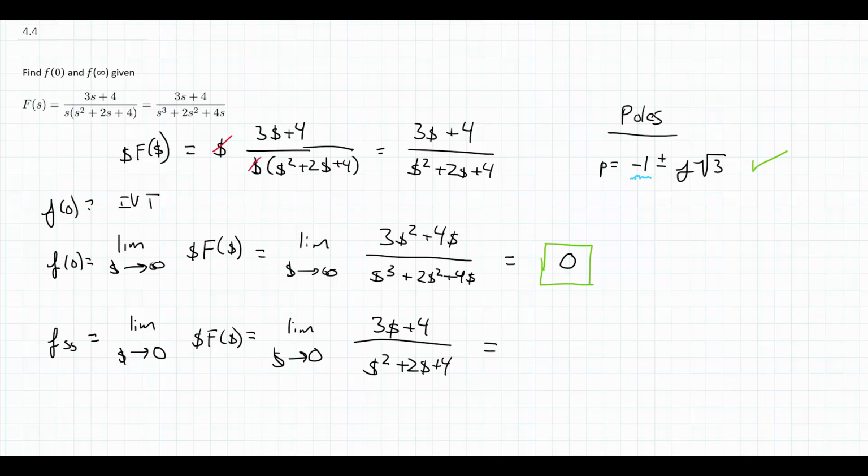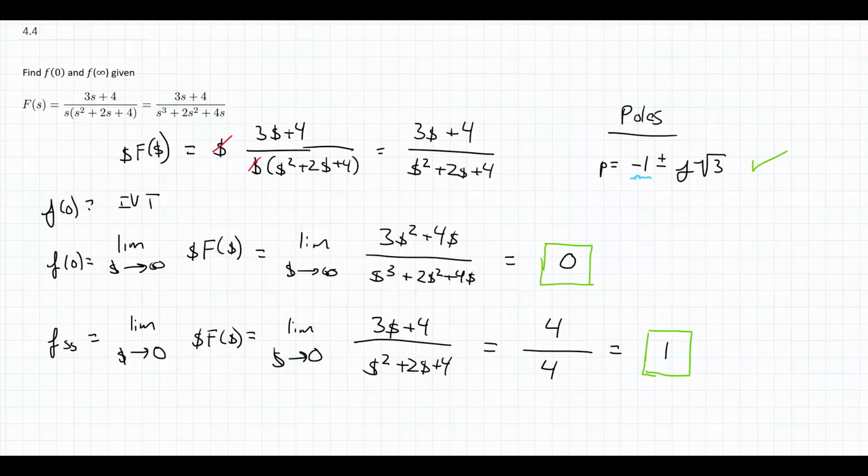We already know there's no pole at 0, so we can simply make s equal to 0. 3 times 0 is 0, leaving 4 on top. In the denominator, we have 0 plus 0 plus 4. So we have 4 over 4, or 1. The steady state value of f of t is 1.